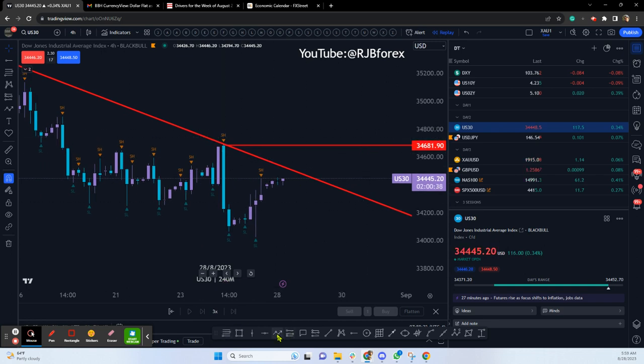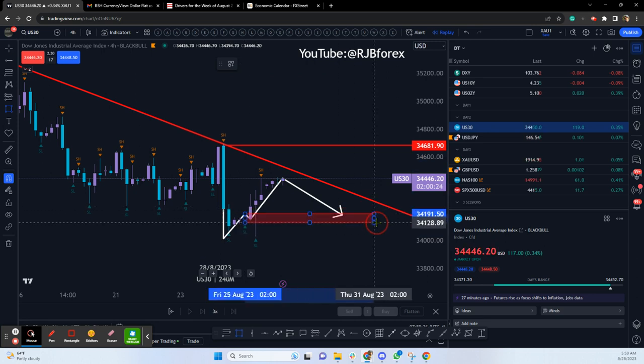Now, we've got this W formation on the 4-hour chart, worth noting. There are prospects for a move back in to retest that neckline area as a potential support area.